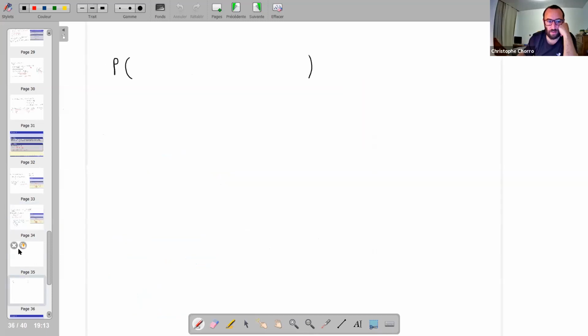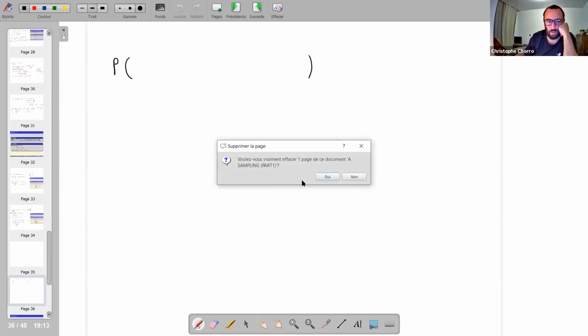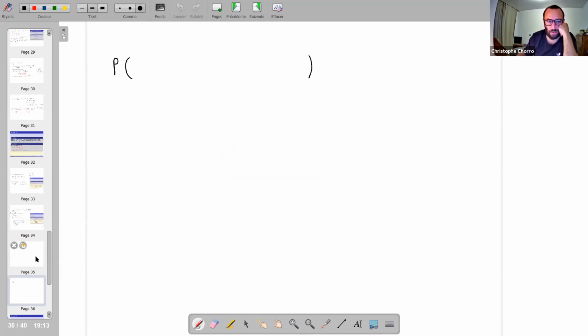I erase this page that I don't need. So I have the square root of n, xn overline minus mu, over the square root of Sn square.